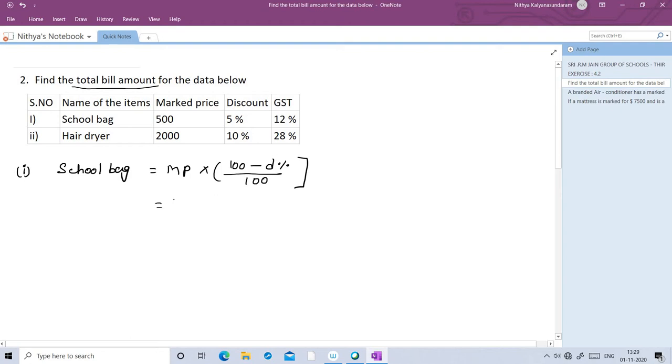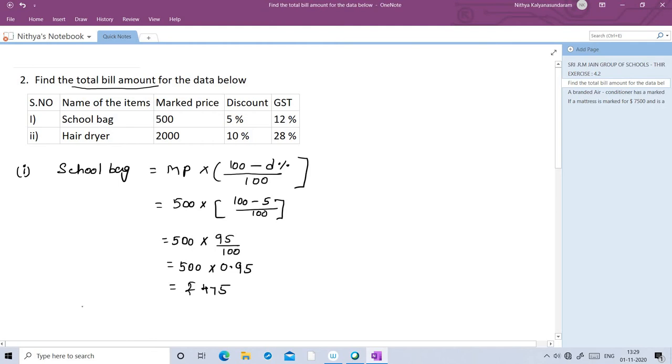It's equal to marked price 500 into 100 minus 5, divided by 100. 500 into 100 minus 5 is 95, by 100. So 500 into 0.95 is rupees 475. So this is the school bag.